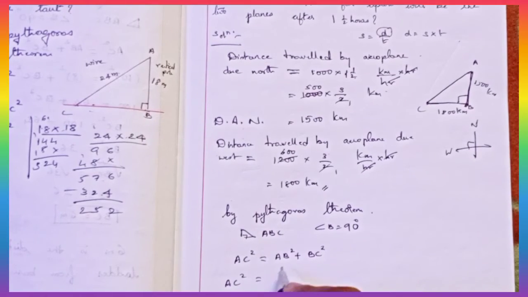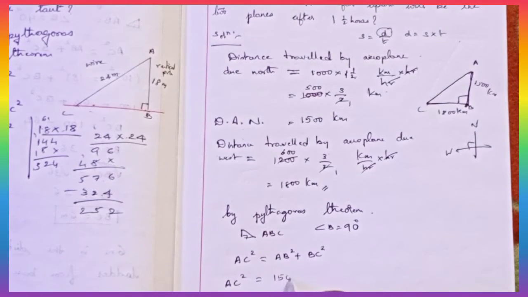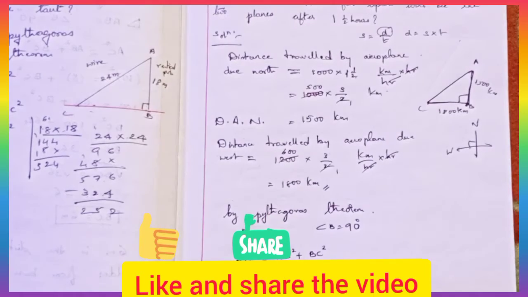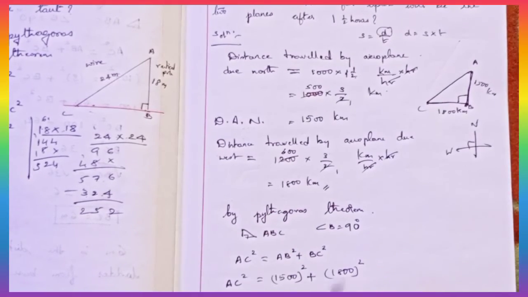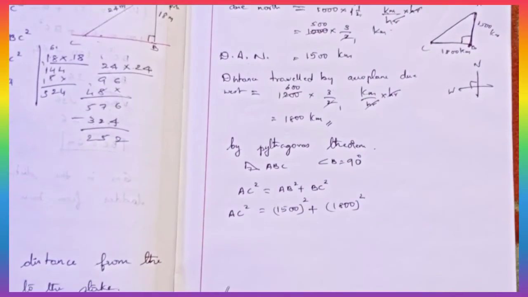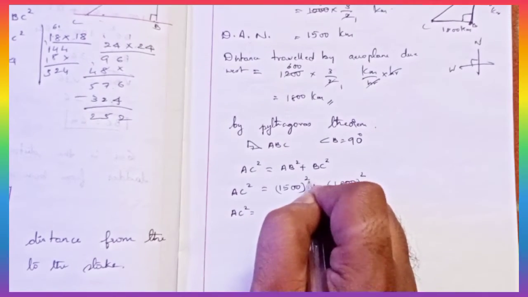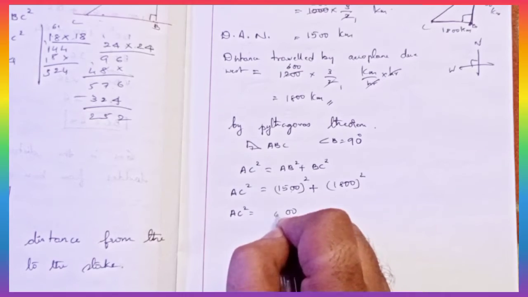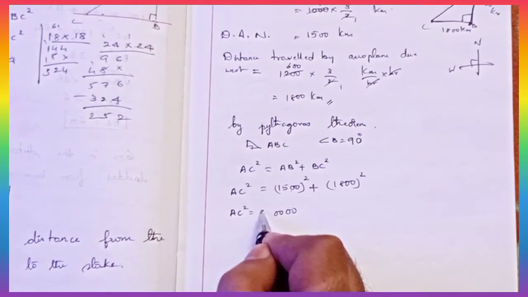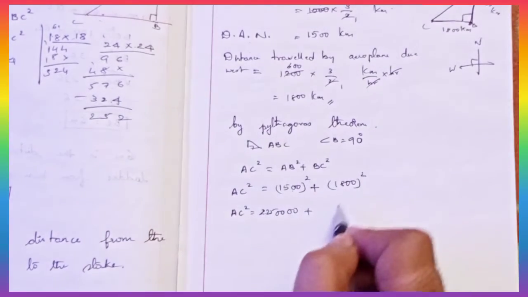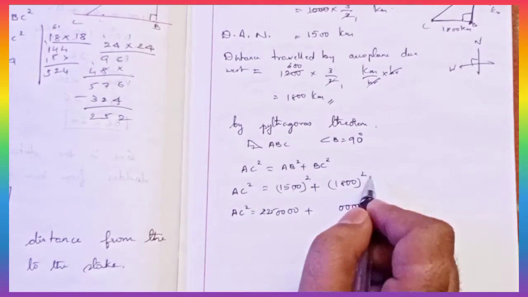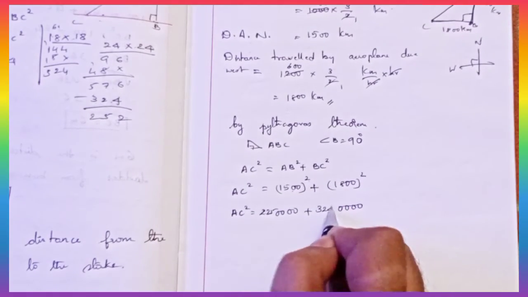So AC square equals AB measurement 1500 square plus BC 1800 square. AC square is equal to 15 square is 225 with 4 zeros, plus 18 square is 324 with 4 zeros.